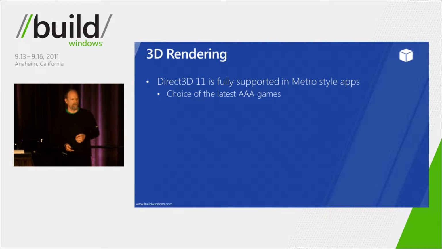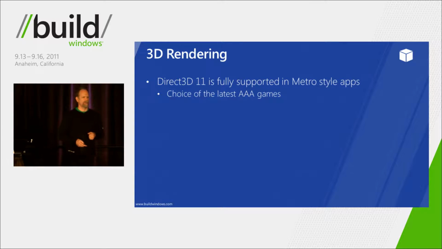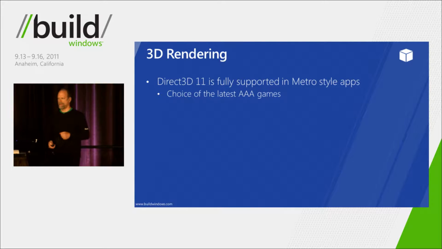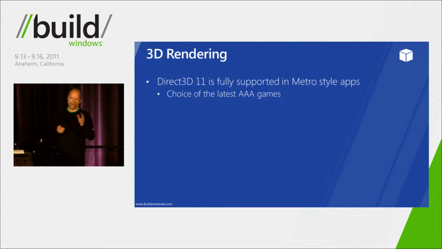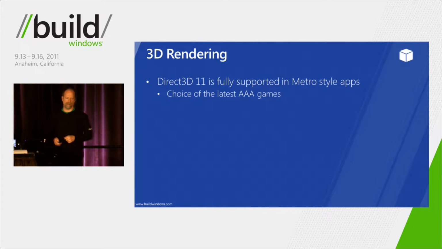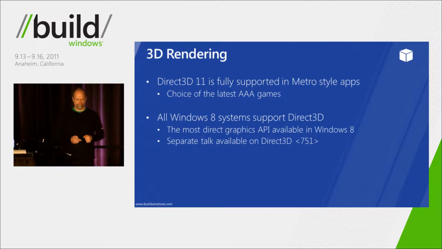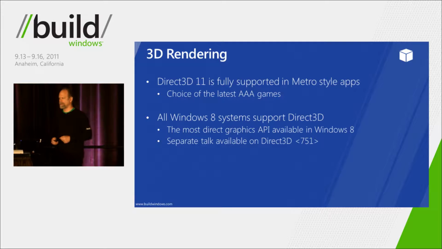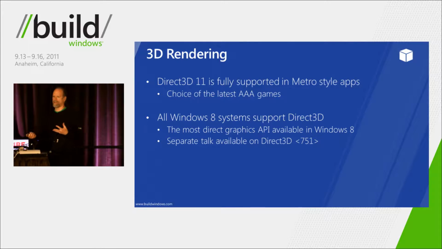It's been successful in the marketplace. There are a lot of AAA titles out there shipping on it today. The point for you is you may be making a $1 application, but you have access to the same technology that a high-end AAA title has today. And we're betting on Direct3D.